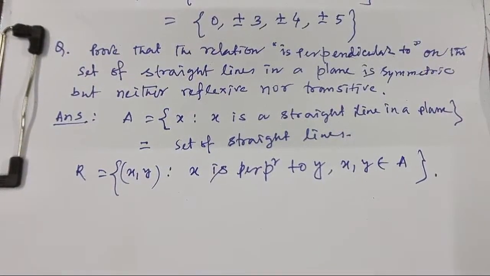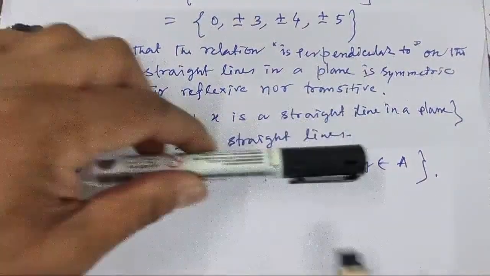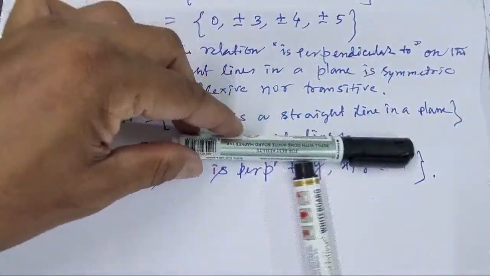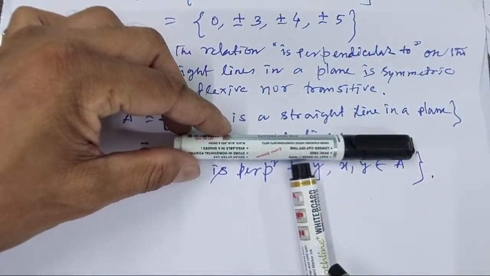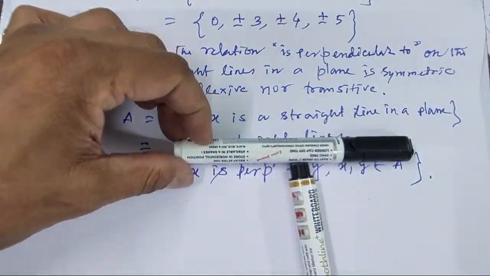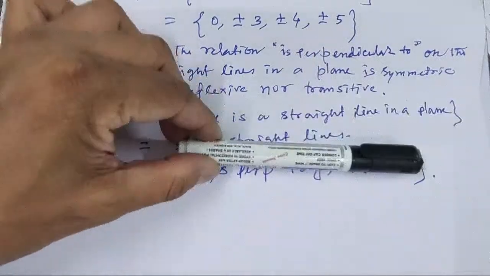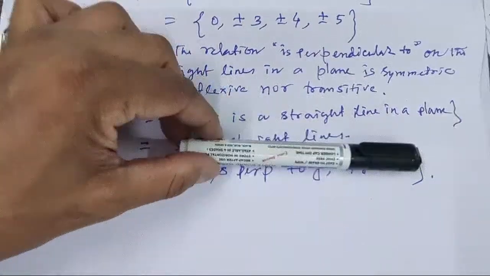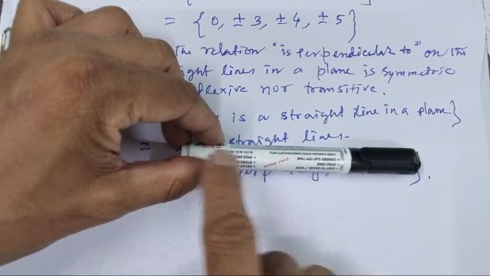Now, if I take x is perpendicular to y, take these two things. This is x, and this is y. So x is perpendicular to y. Now x is separate, y also separate. So these two are perpendicular. But can I tell x itself is perpendicular to x? This is perpendicular to this?